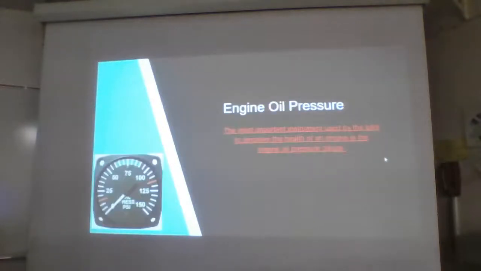Okay, so first we're going to discuss the engine oil pressure. This comes directly from the Aviation Maintenance Handbook, the 8083 Volume 2. The most important instrument used by the pilot to perceive the health of an engine is the engine oil pressure gauge. And I think the majority of people will probably tell you that that's true.